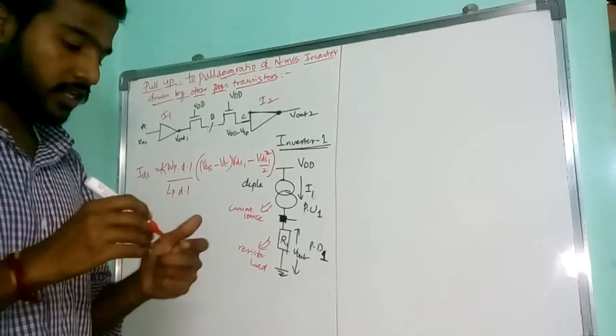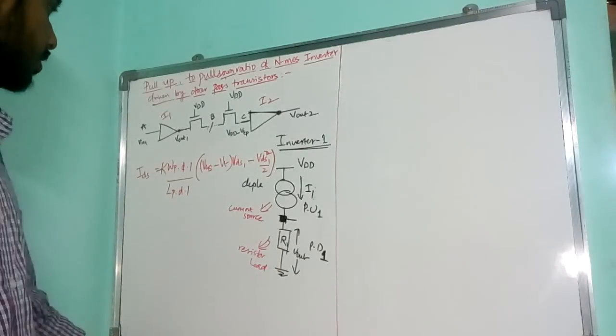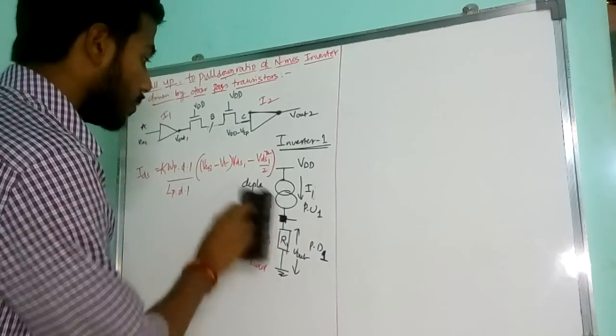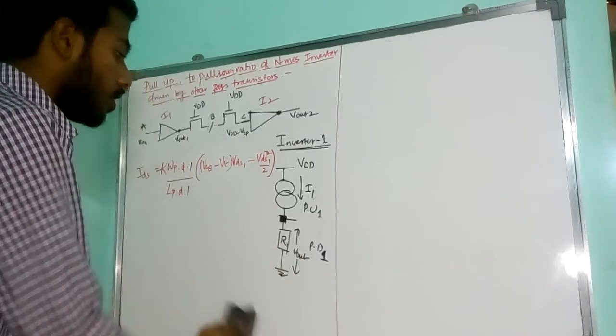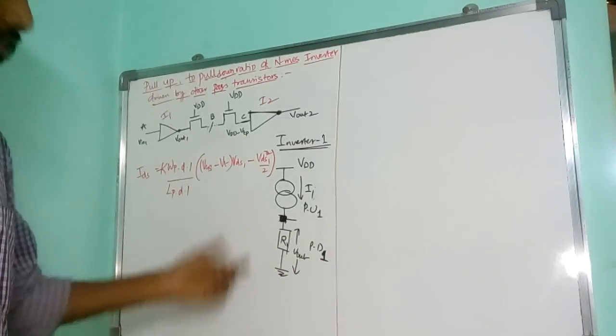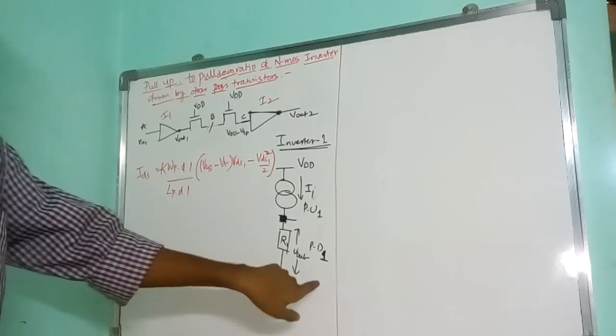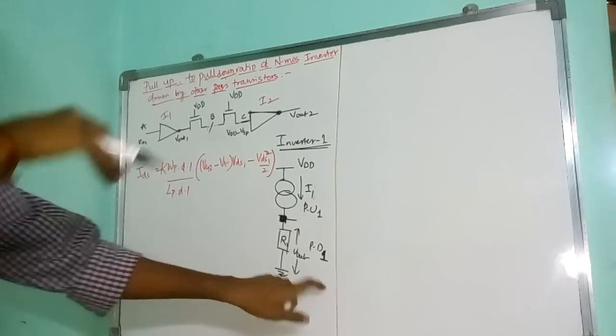This is my current equation for the pull down transistor of the first inverter.